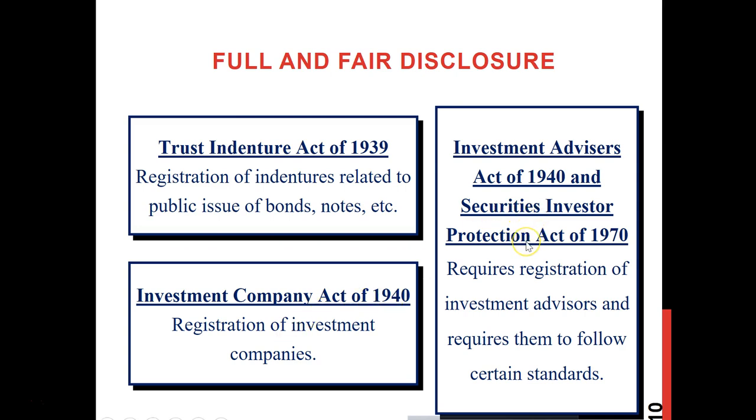Just try to be familiar with all these acts and see how they developed in chronological order, starting in 1933. The next acts are the Investment Advisers Act of 1940 and the Securities Investor Protection Act of 1970. These acts require investment advisers to register and to follow certain standards created to protect investors.